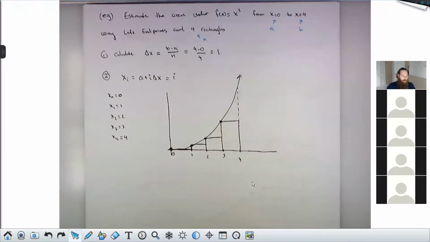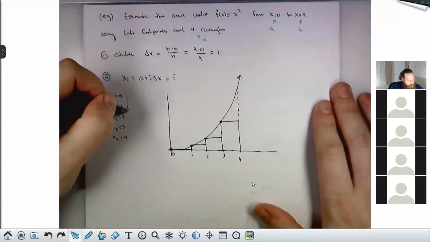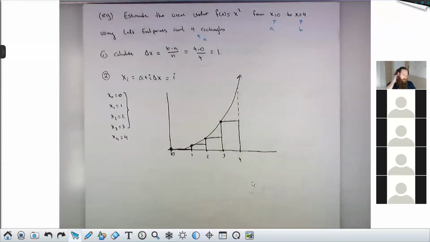See the difference between the right and the left? It's somewhat subtle. The xi's which I need to calculate the left-hand Riemann sum are these ones, which are not the same ones that I needed for the right-hand Riemann sum.